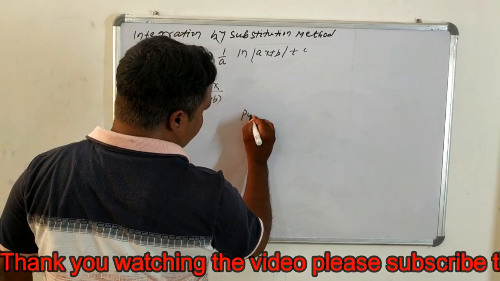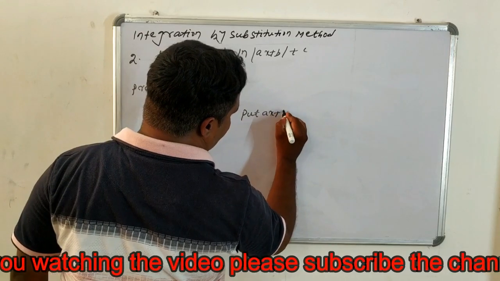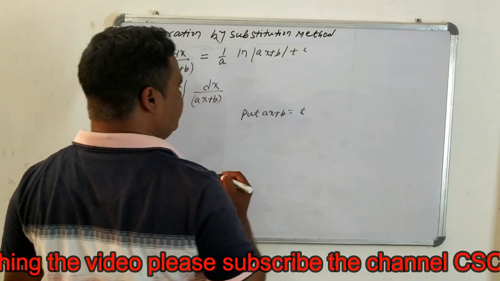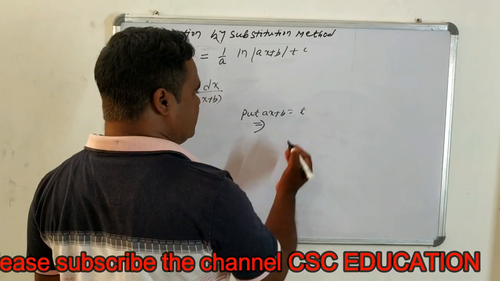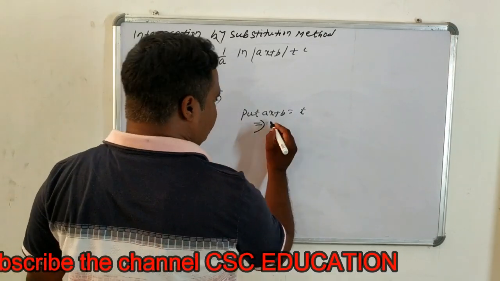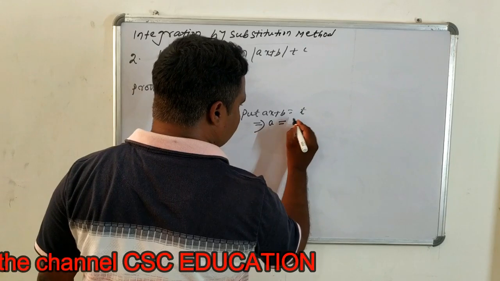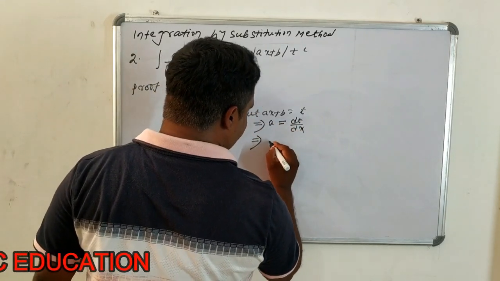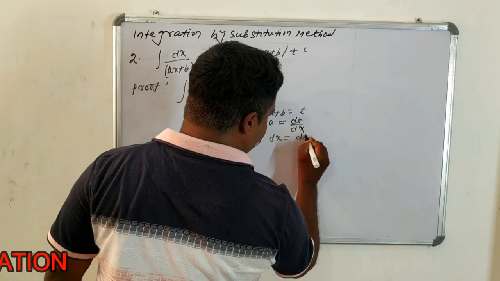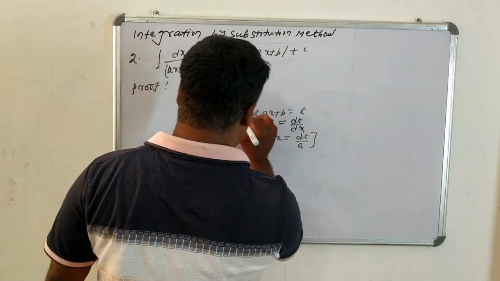Put ax plus b equals t. Suppose t is a function of x, so differentiate both sides with respect to x. We get a equals dt by dx. In a similar way, this implies dx equals dt by a.